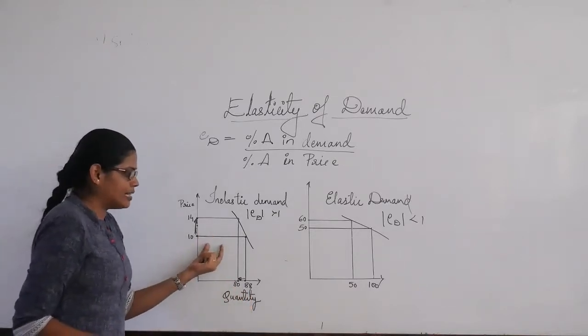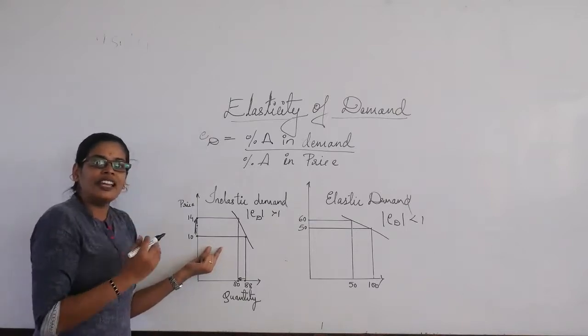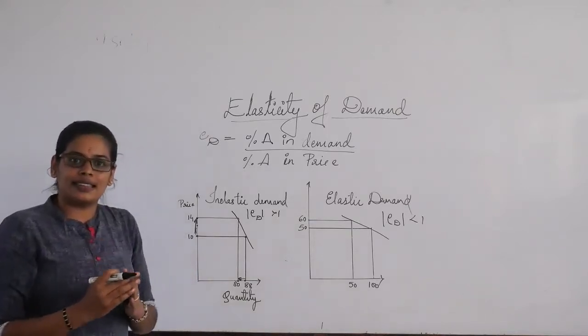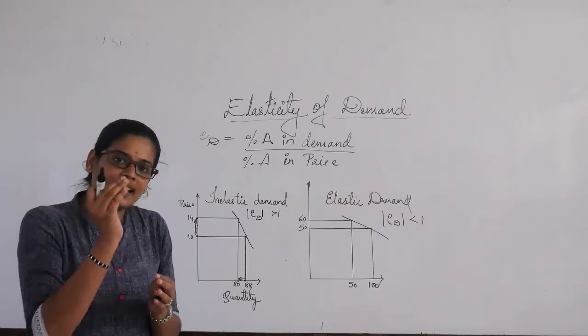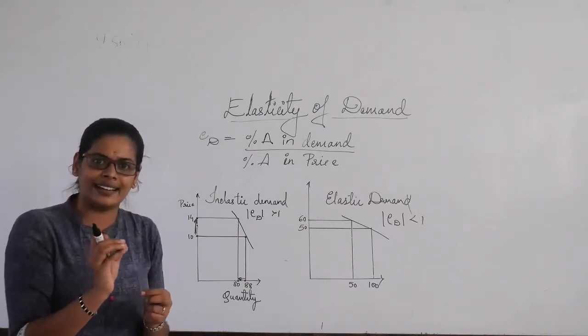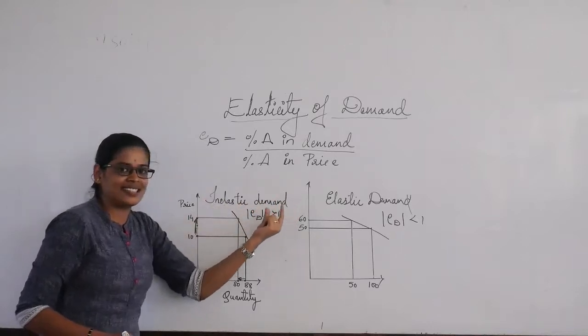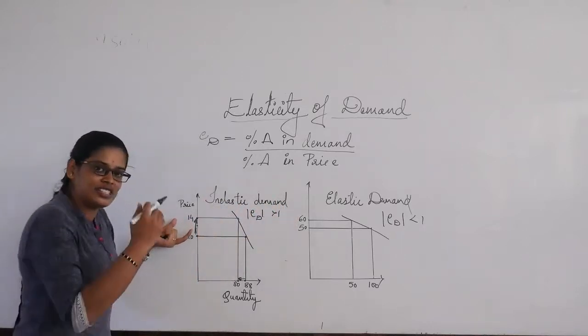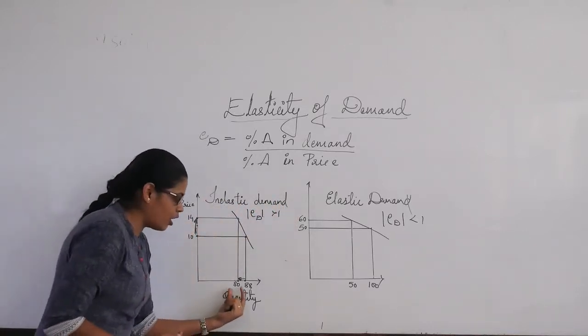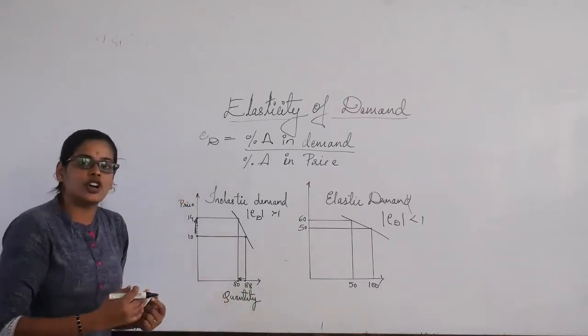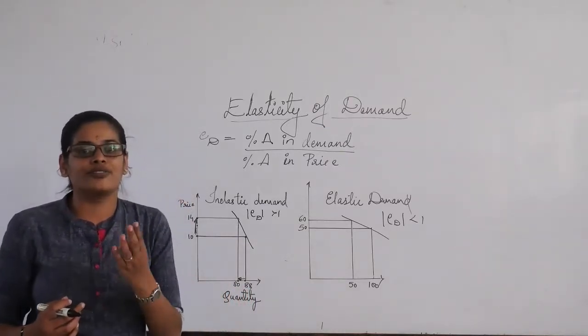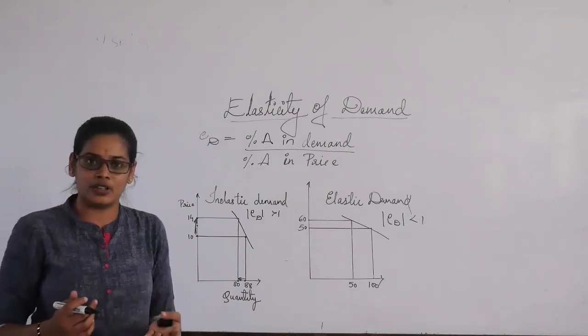Here you can see that when there is a huge change in the price, the quantity demanded for that commodity has been reduced very slightly. That's the reason we say inelastic demand, because the change in the price has not affected the demand much. For example, the price of salt or the price of petrol.